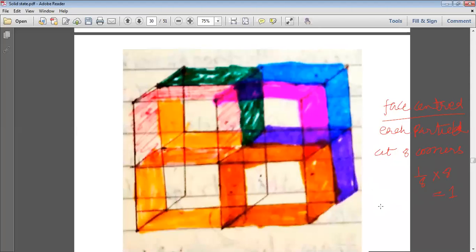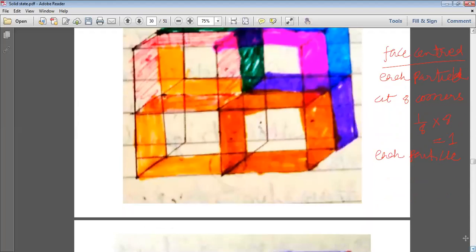And then we have a particle at the center of each face, and we have 6 faces.